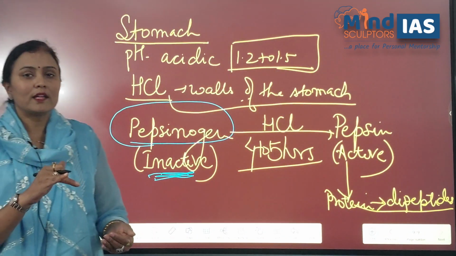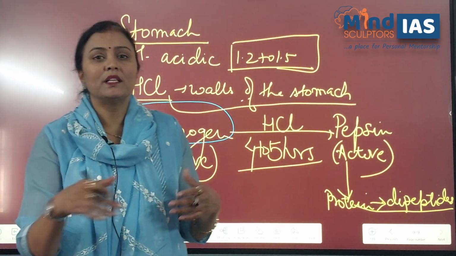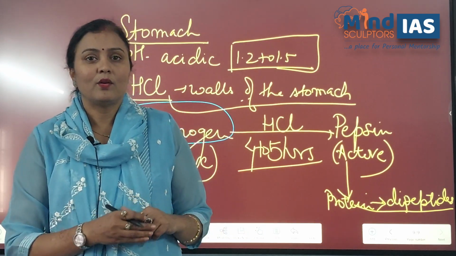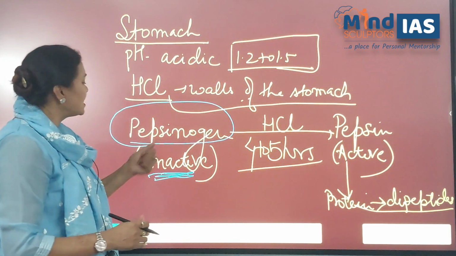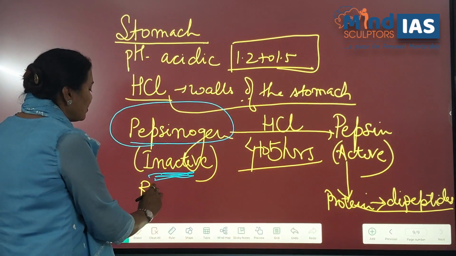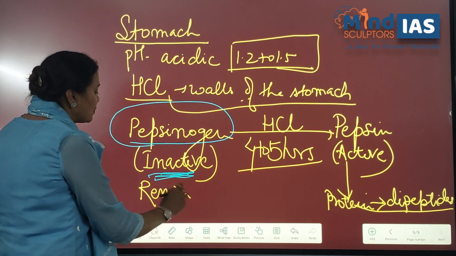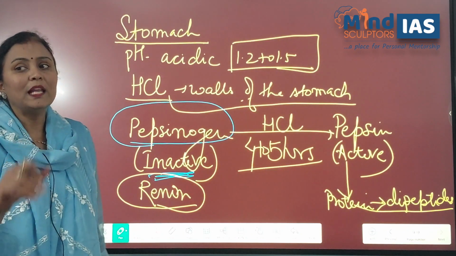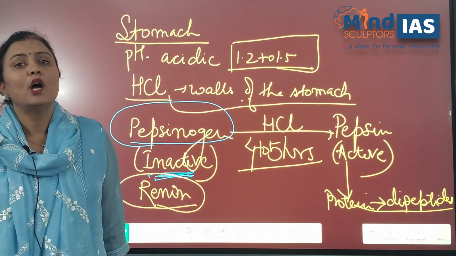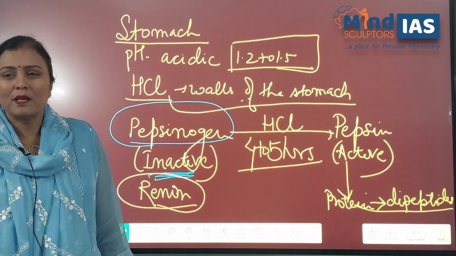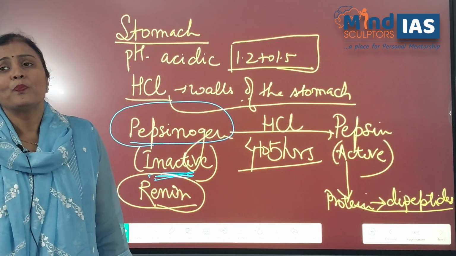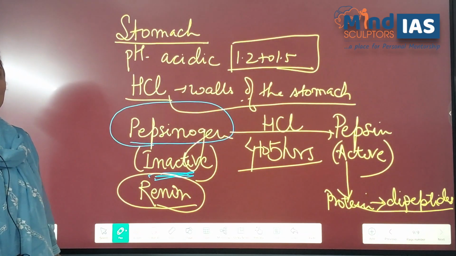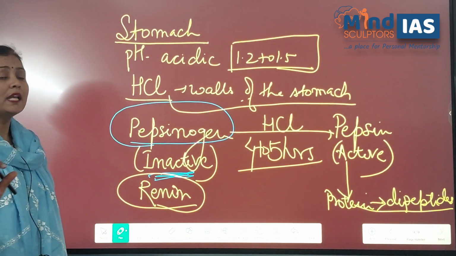If you see small kids, or mothers feeding milk to kids, they only drink milk. So in them, instead of pepsin, which enzyme is present? Renin is present. Renin is important in the digestion of milk protein, because small kids who feed on mother's milk or any other milk have this enzyme renin, which can digest the protein specifically present in milk.